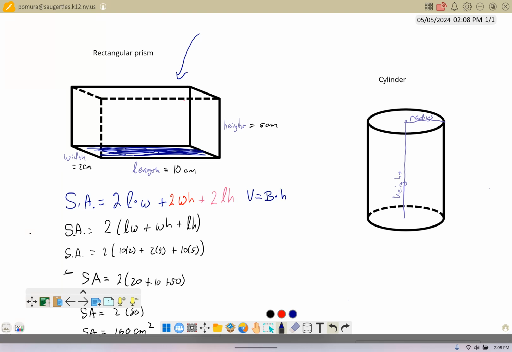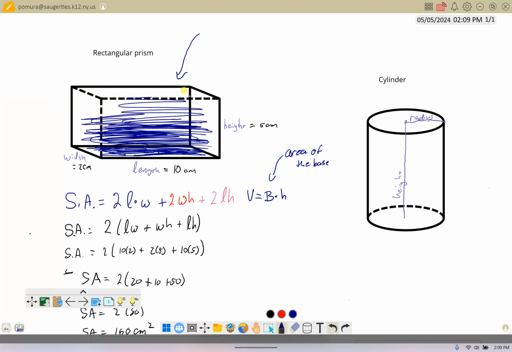And what they really mean by that is the area of the base. And the reason why is when you fill in the base with water and it just covers the base, the height is insignificant. So then as it fills up, it's still the area of the base, but it's filling up as tall as the rectangular prism is.